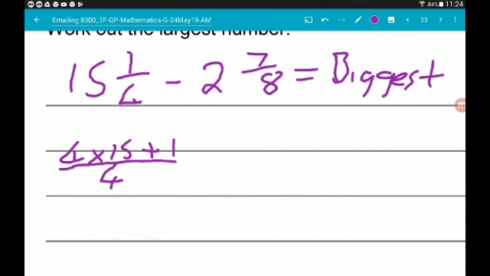So for the first one, we get 4 times 15 add 1 all over 4, and then we're going to get minus 8 times 2 add 7 over 8.